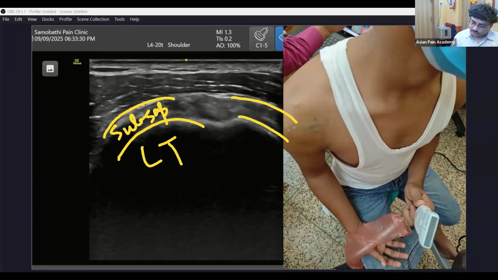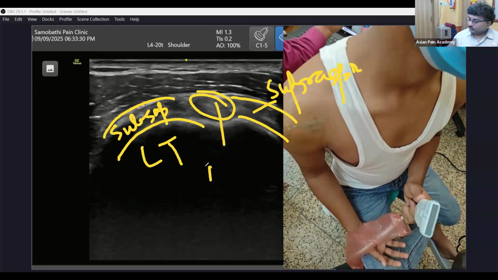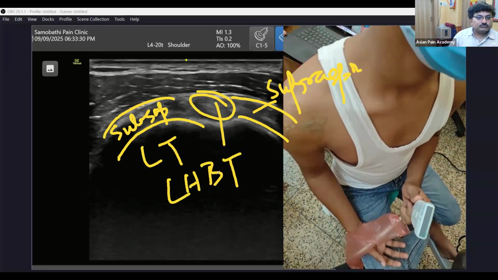This side shows supraspinatus. This side, the long head of biceps. Okay, long head biceps tendon.